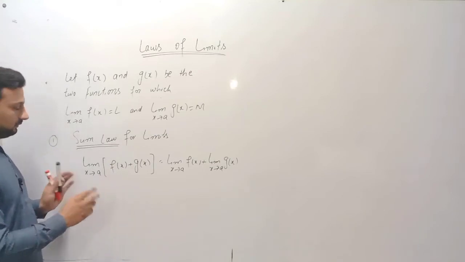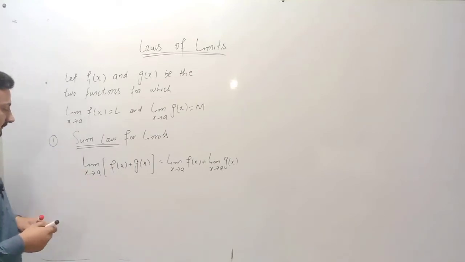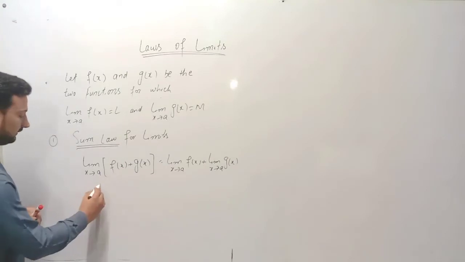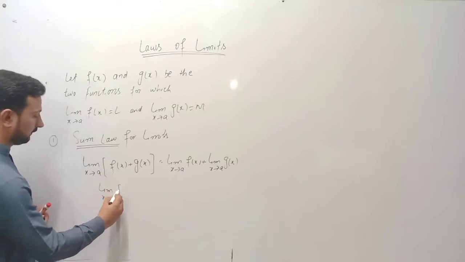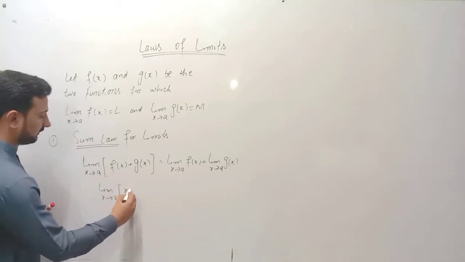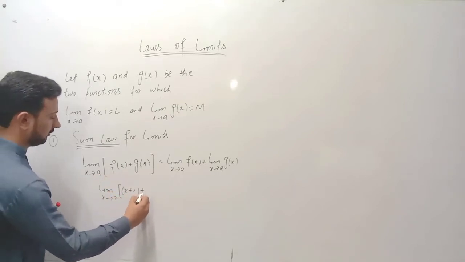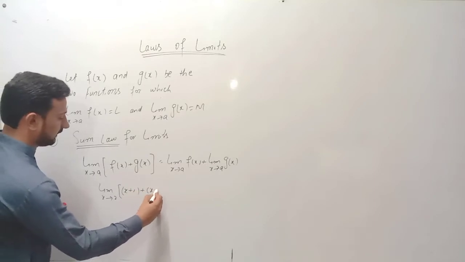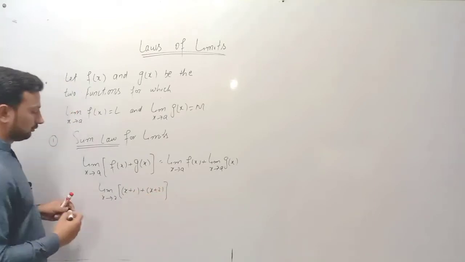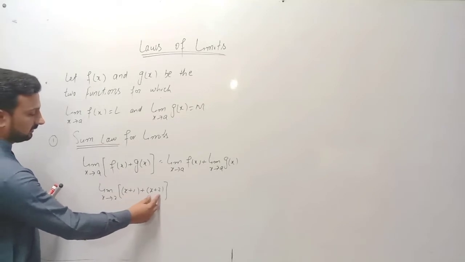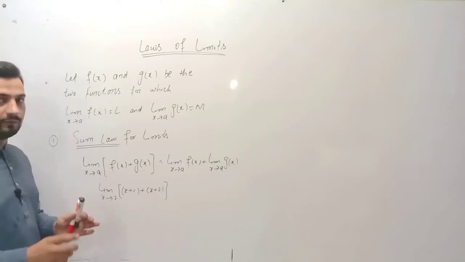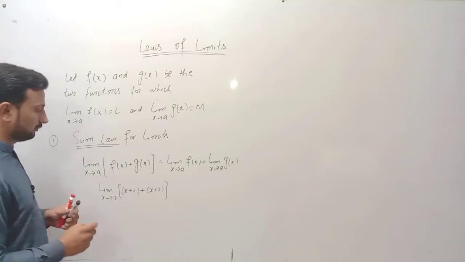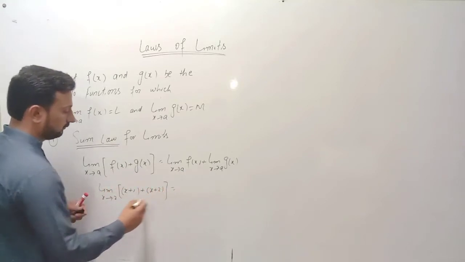Now let's solve an example for this. Let's say the limit as x approaches 2 of x plus 1 plus x plus 2. This is our f of x and this is our g of x. These are the two functions and we have to find the limit.